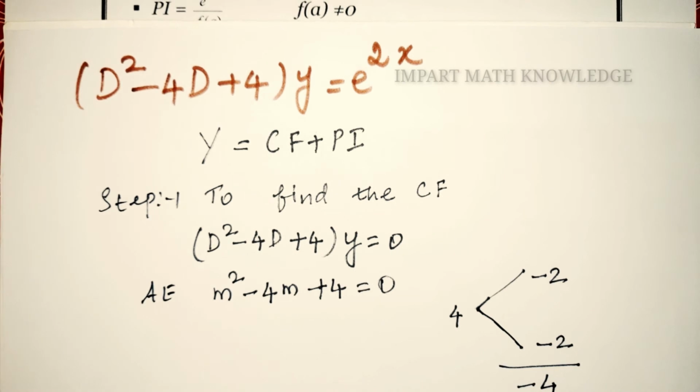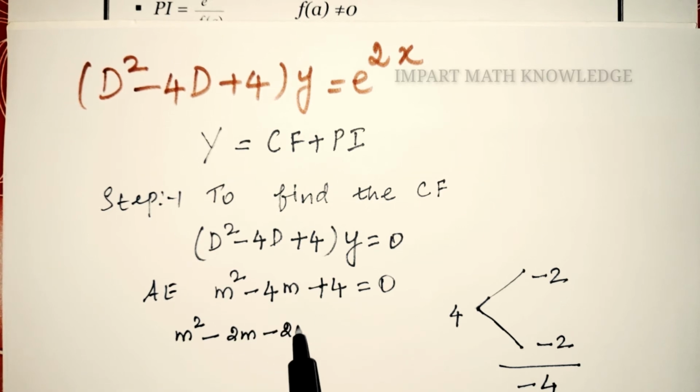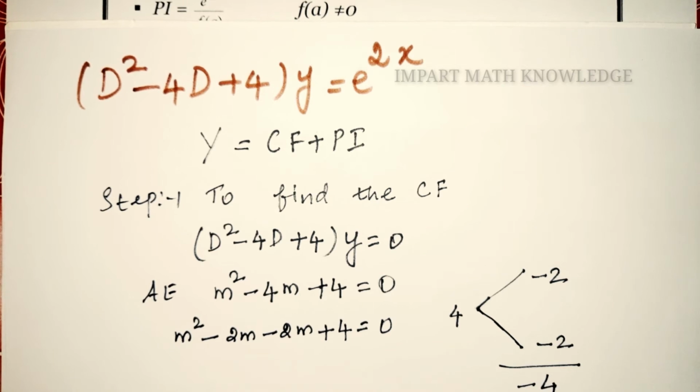So, we can write the auxiliary equation as m squared minus 2m minus 2m plus 4 is equal to 0. Now, in the first and the second term, m is common, take it outside: m minus 2.